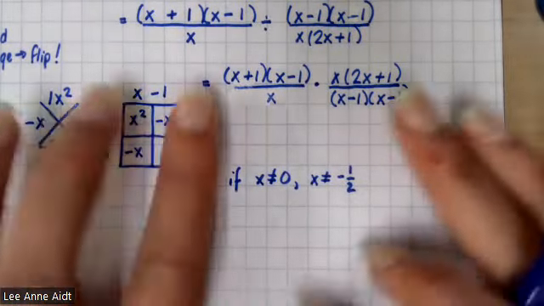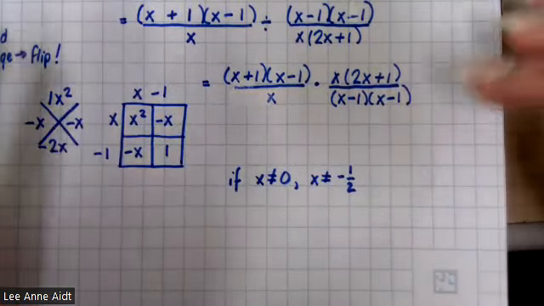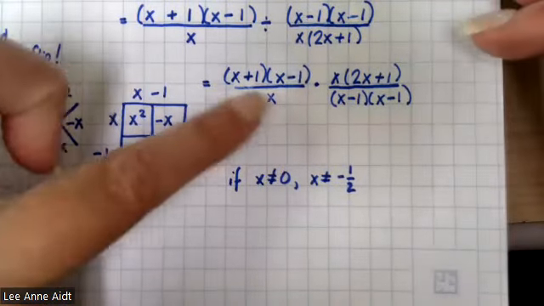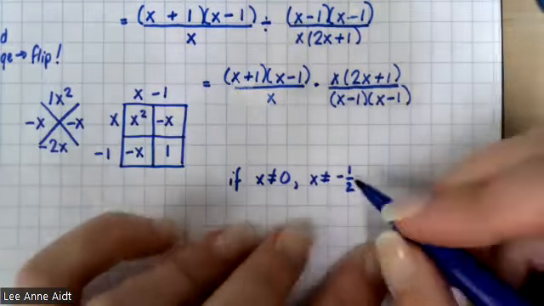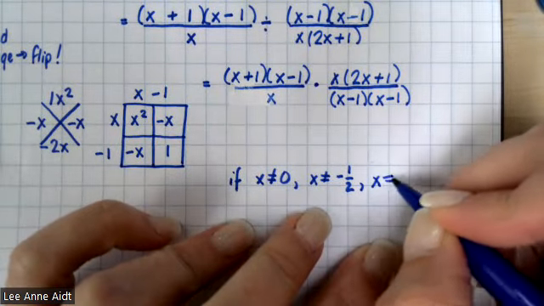And what I have to do after I keep change flip is I have to reevaluate for excluded values. So there's my 0. And now I also have x cannot equal 1.